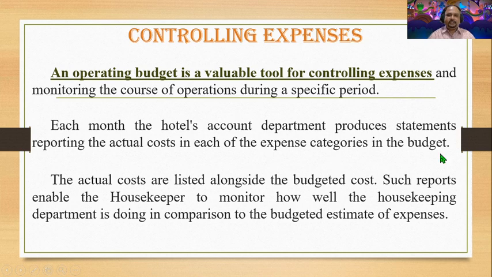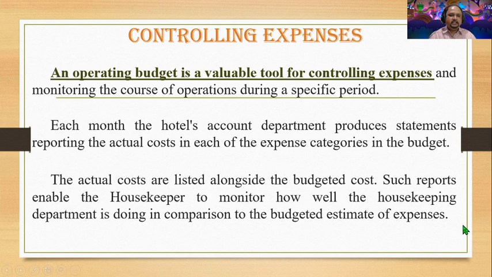The actual costs are listed alongside the budgeted cost. Such reports enable the housekeeper to monitor how well the housekeeping department is doing in comparison to the budgeted estimate of expenses. And with one format, we will try to clarify whatever we have discussed just now.